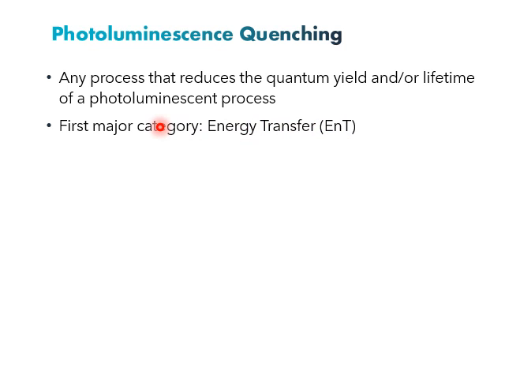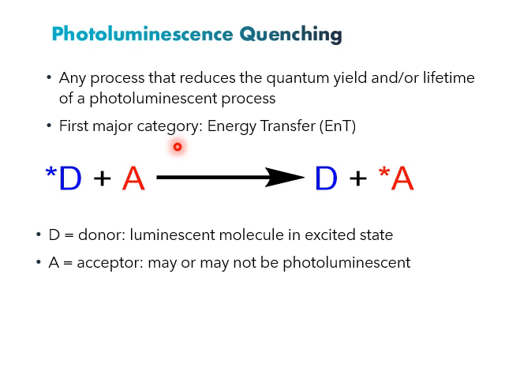In an energy transfer process, there is no net transport of charge. As we'll see, there's a couple different ways that this can happen. But essentially what's occurring is that your excited state molecule, labeled here as D star, is going to interact with an acceptor molecule A, and it's going to transfer its excited state energy to the acceptor.